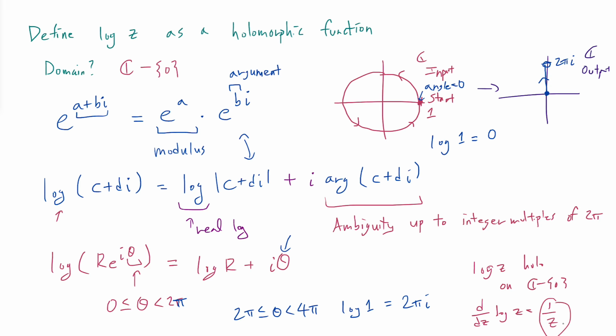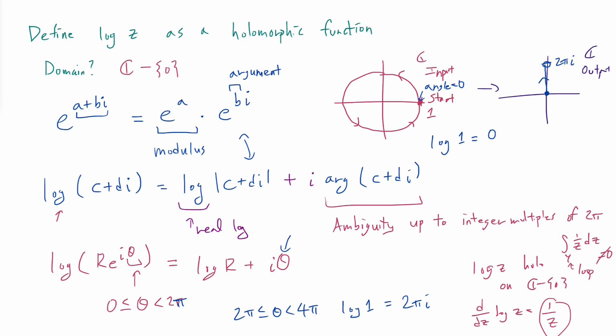But if you have an antiderivative, then when you integrate the function along a closed path, along a loop, you are guaranteed to get 0, by the fundamental theorem of calculus. But we know this is not 0, right? We know this is 2 pi i. So we already know that log of z cannot be holomorphic on C minus 0. That's another perspective on this.